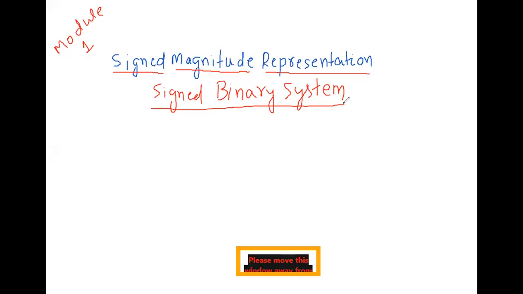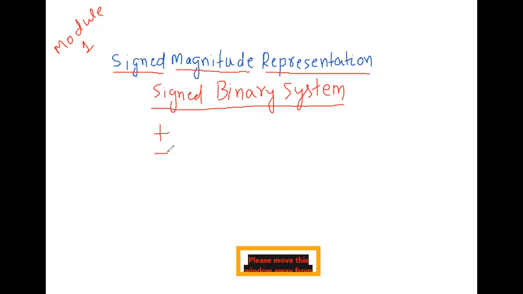So signed binary system means we have the option to provide a sign, either positive or negative, to a binary number. How? In the decimal number system, the plus symbol is used if the number is positive, and the negative symbol is used if the number is negative.